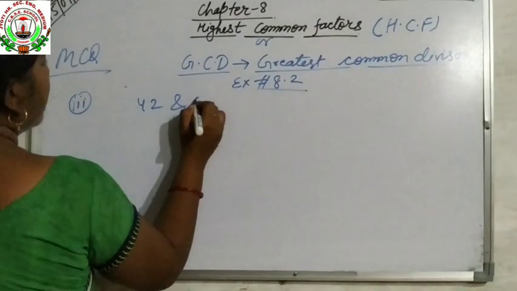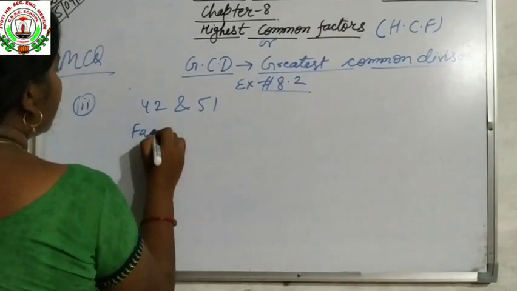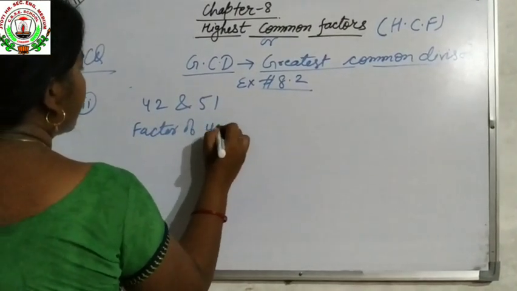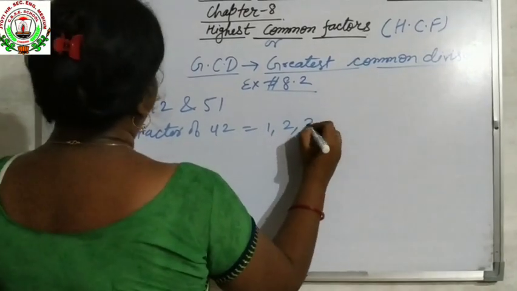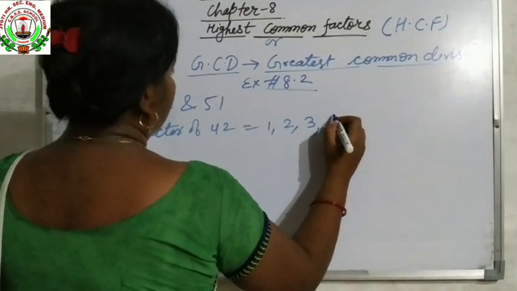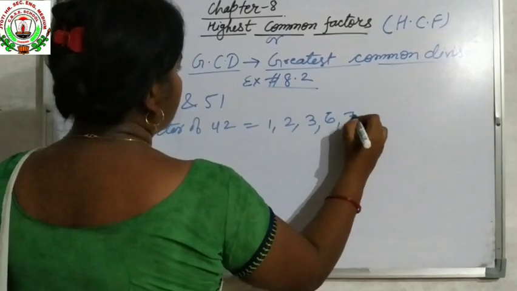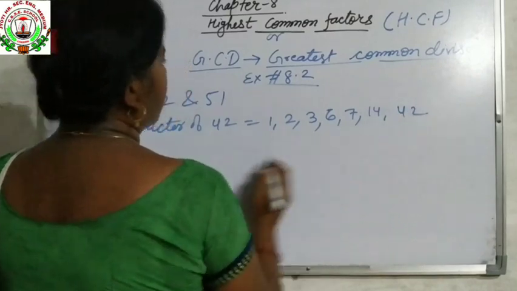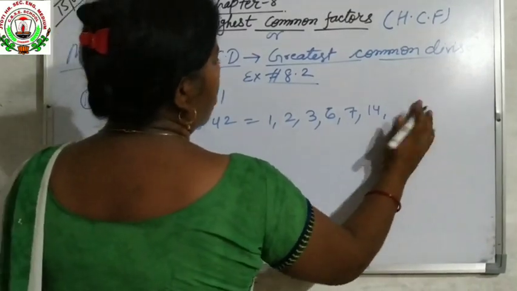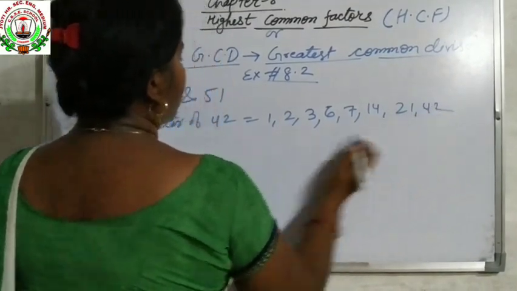Which of the following numbers is the HCF of 42 and 51? So factors of 42 are 1, 2, 3, 6, 7, 14 and 42. 21 will also come, then 42.